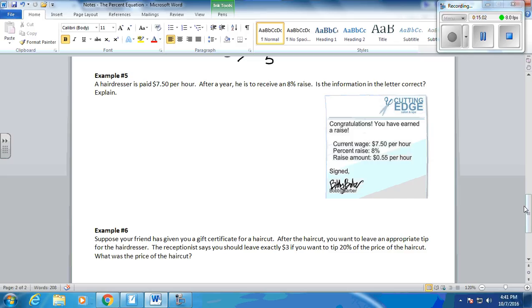If we're again going back to the concept of part equals percent times the whole, this is the first time where it's going to be a little bit more challenging to figure out which one is the part and which one is the whole. Obviously, the percent should be easier to figure out. If his original amount of money that he made was $7.50 per hour, that is actually going to be the whole. That's the original amount that he made.